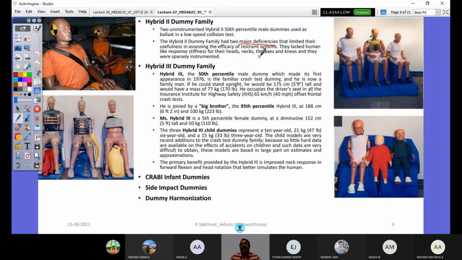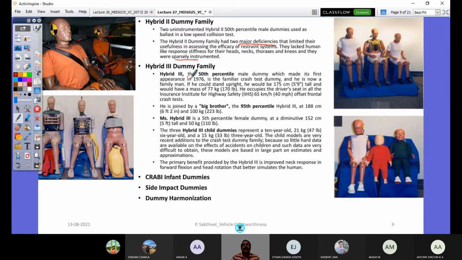They lacked human-like response stiffness in their heads, necks, thoraxes, and knees, and they were sparsely instrumented. So it is almost a similar version of the first dummy, and they are not very biofidelic dummies.